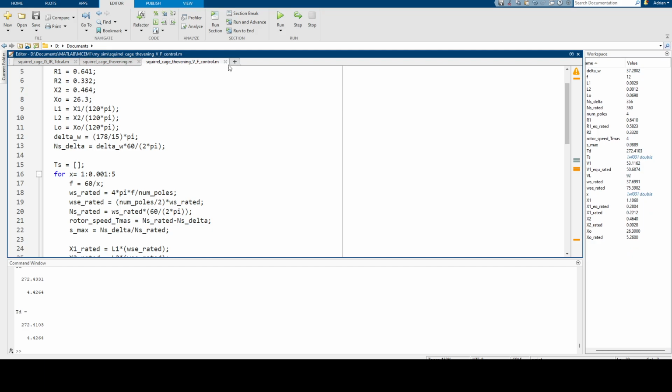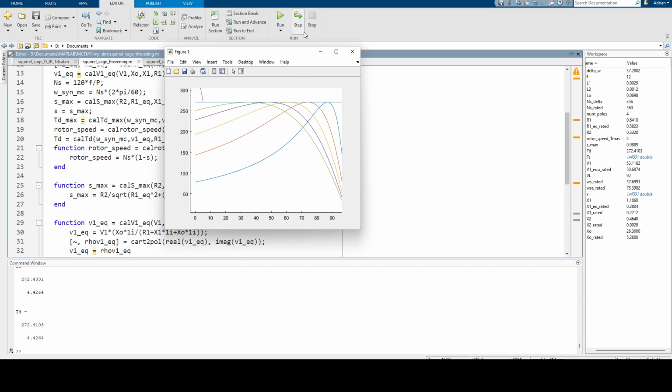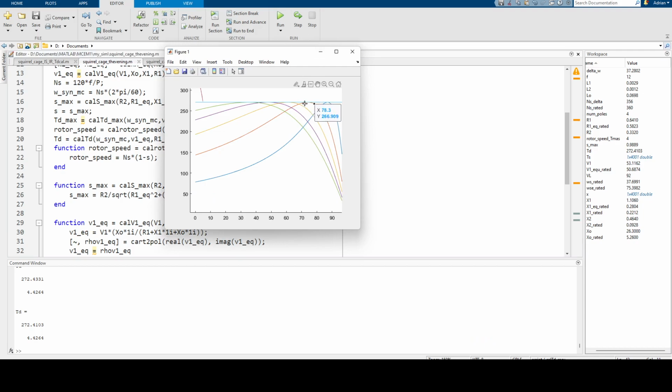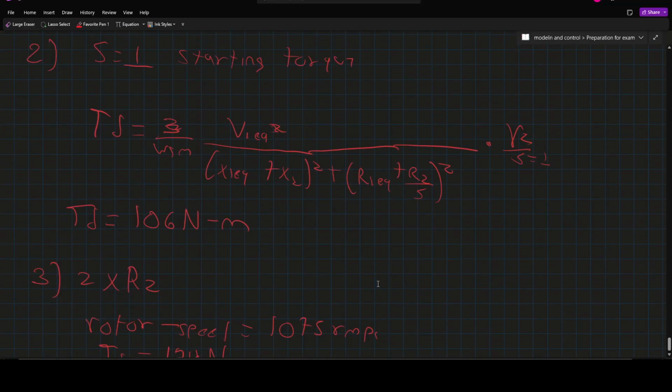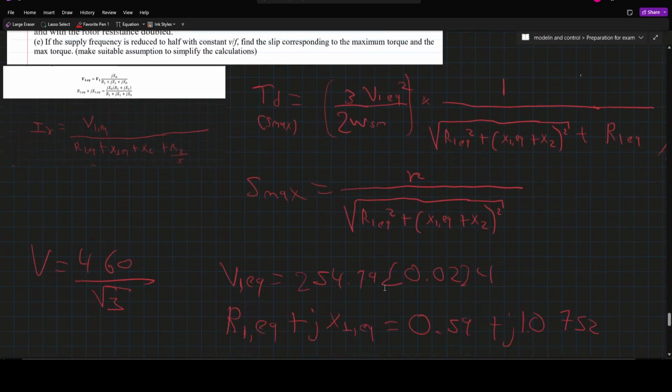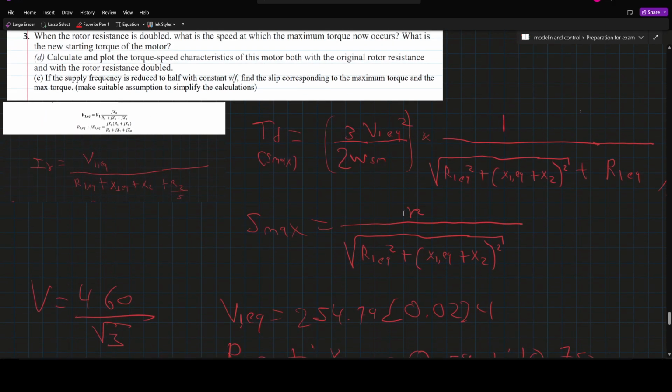Okay, so we can see, like what we do with this exercise, where we keep increasing our R, that our maximum torque does not change, because in our formula for maximum torque, R2 only changes our slip.